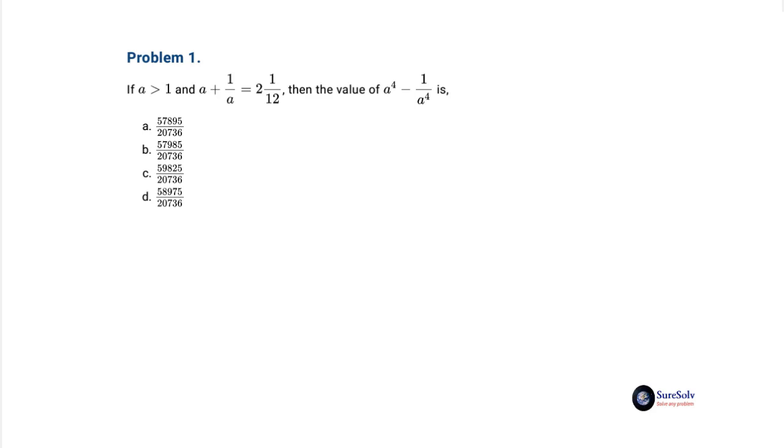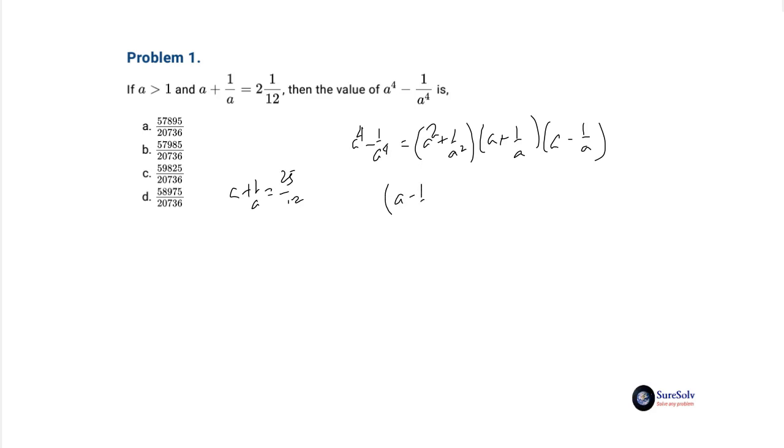Let's write down the missing steps. A to the power 4 minus 1 by a to the power 4 is equal to a square plus 1 by a square multiplied by a plus 1 by a multiplied by a minus 1 by a. A plus 1 by a equals 25 by 12.